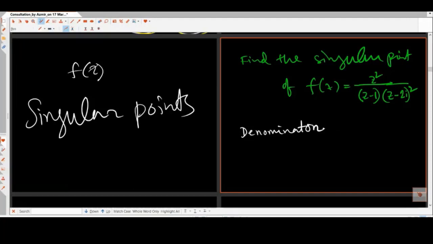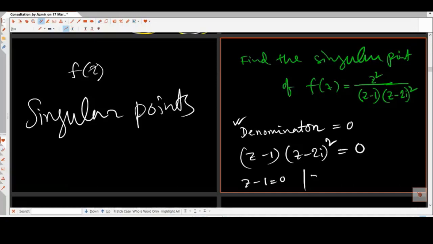We solve for denominator = 0. In the denominator we have (z − 1)(z − 2i) squared equal to 0. So z − 1 = 0 and (z − 2i) squared = 0. We get the roots z = 1 and z = 2i.